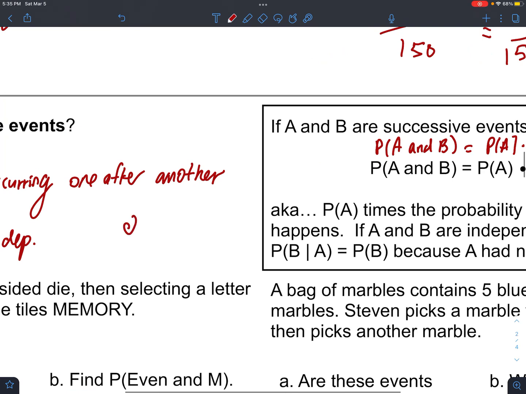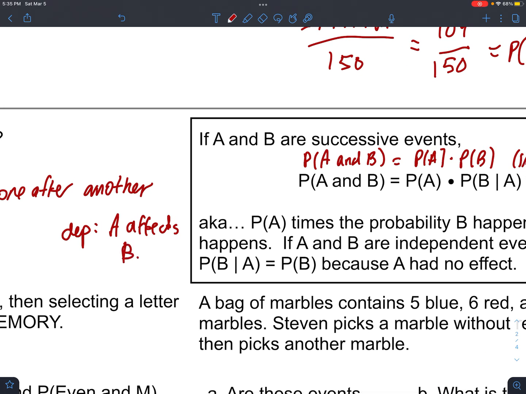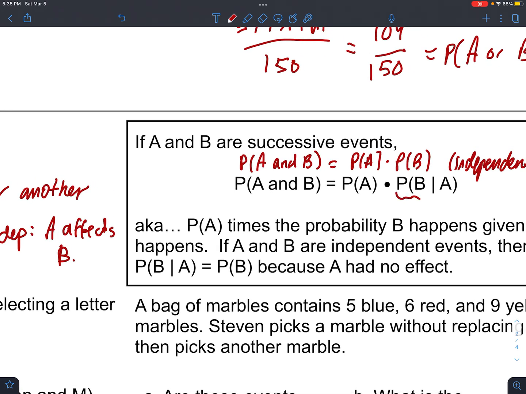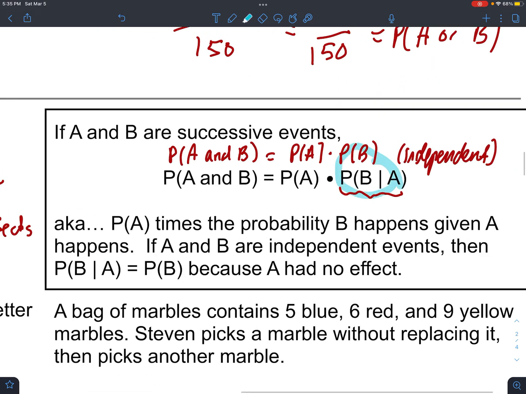For dependent events, A affects B. Right, one event happening affects the other. So we get this kind of weird probability that's adjusted for us knowing that A already happened. But you can see with the formulas that if it's independent, that entire chunk becomes the probability of B.